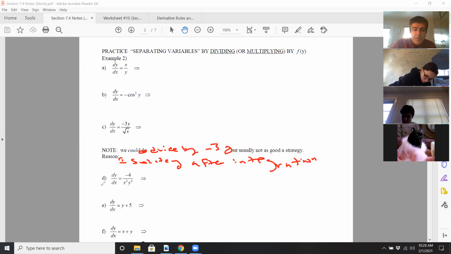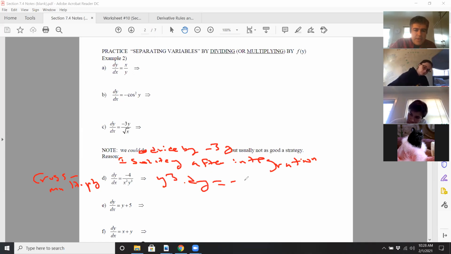Like in the case of this one here. For d, I would just cross multiply, but I wouldn't move the x squared over though. So I do y cubed times dy equals negative 4 over x squared times dx. So dx joins the right side, and only the y cubed joins the left side.